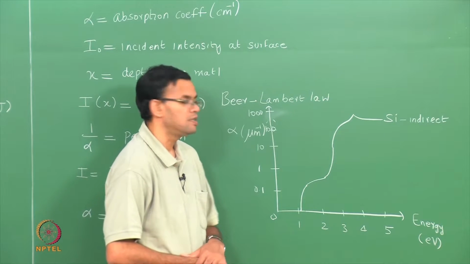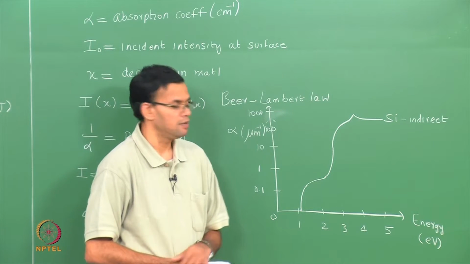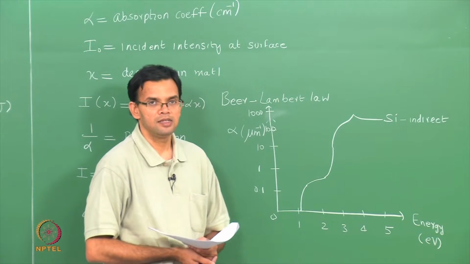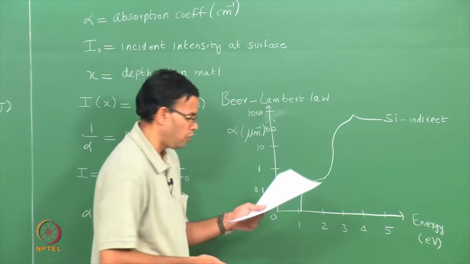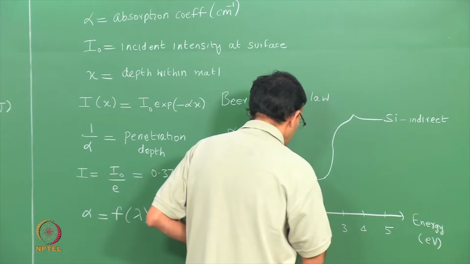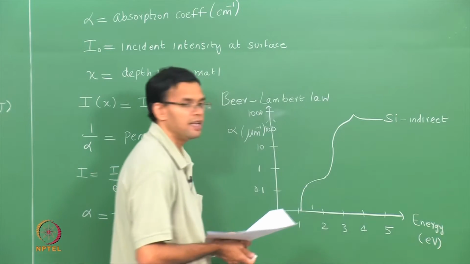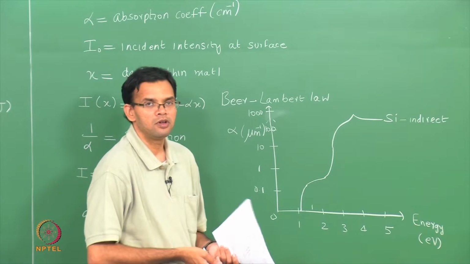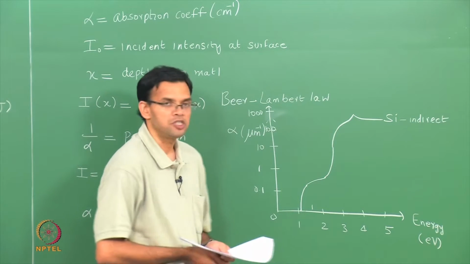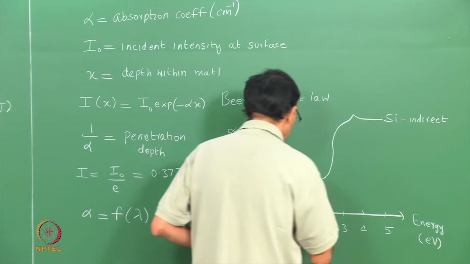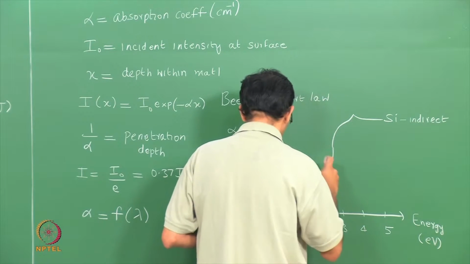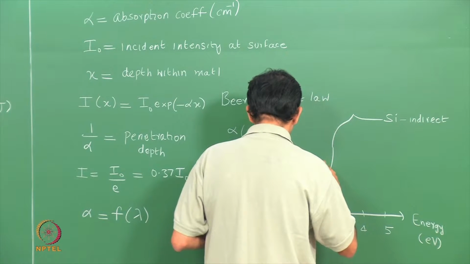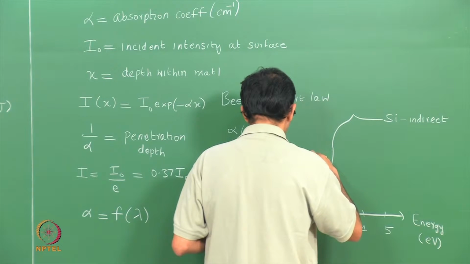You could make a similar plot for gallium arsenide. So, gallium arsenide is a direct band gap semiconductor with a band gap of 1.4. So, initially when the energy is below 1.4, the absorption coefficient is really small, but then it starts to increase rapidly once your energy is above the band gap.